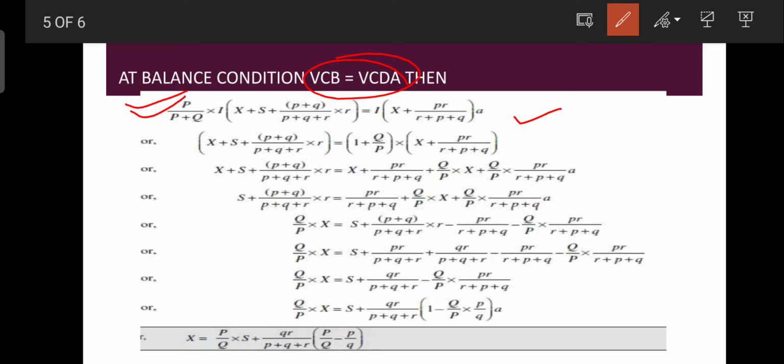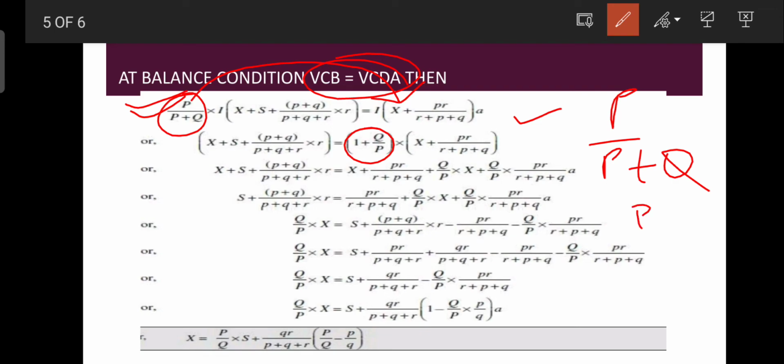Now take this term, P divided by (P plus Q), to this side.